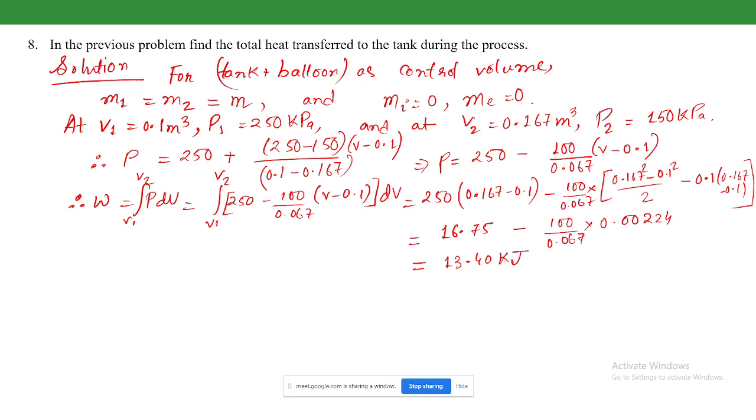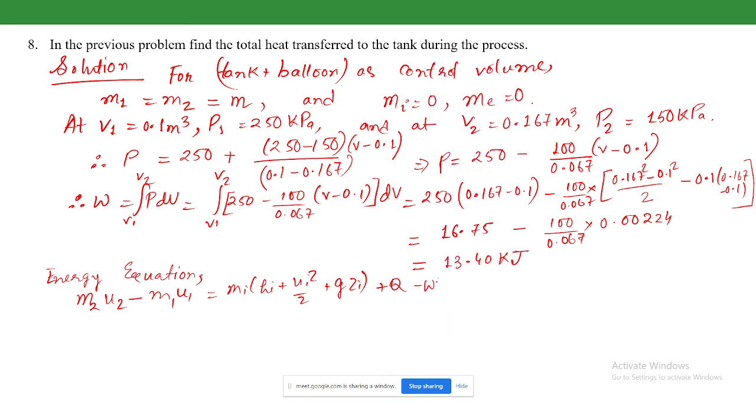Now, if we write the steady state energy equation with these considerations, what will we find? The energy equation: M2U2 minus M1U1 is equal to Mi times Hi plus Vi square by 2 plus Gzi, plus Q minus W, minus Me times He plus Ve square by 2 plus Gze.